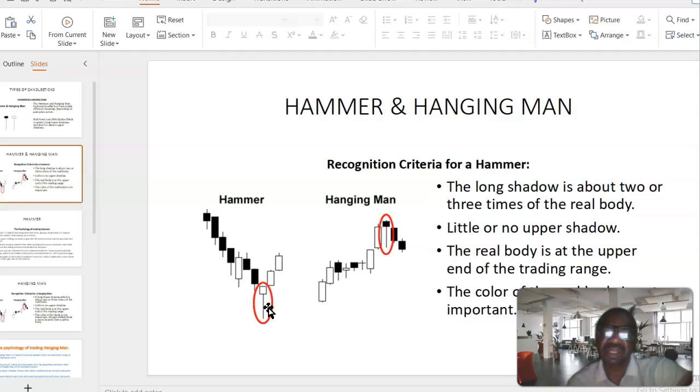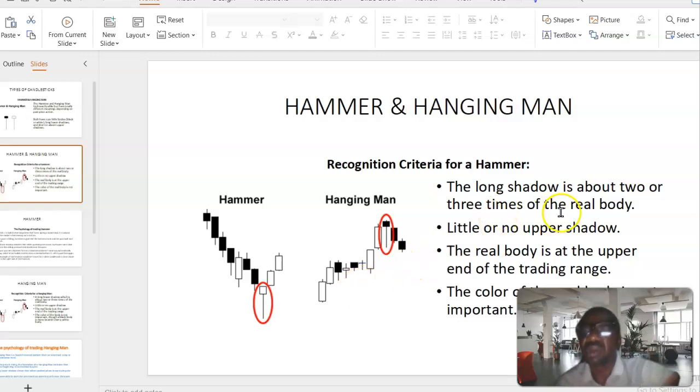It's a bounce. When price overshoots, what happens? There is a bounce. Overshoot, bounce. For the hanging man, price moves higher and then reverses. So both are used for reversals, for the bulls and the bears.